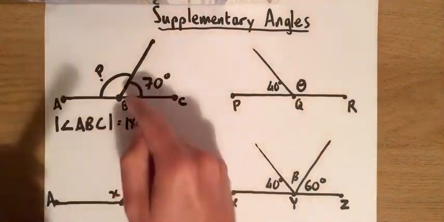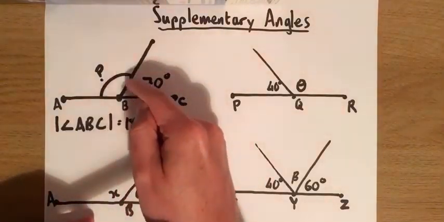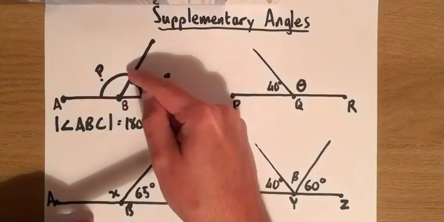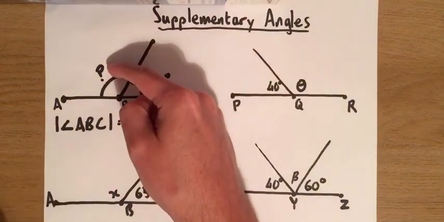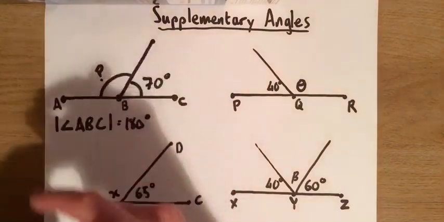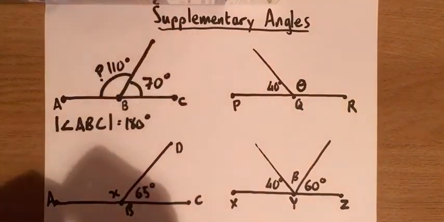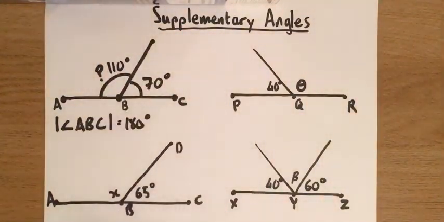Well, you know the entire thing is a straight angle. It adds to 180 degrees. So if this bit here is 70, this bit must be 180 minus 70, which is 110 degrees. And the 110 and the 70 there are what's called supplementary angles.